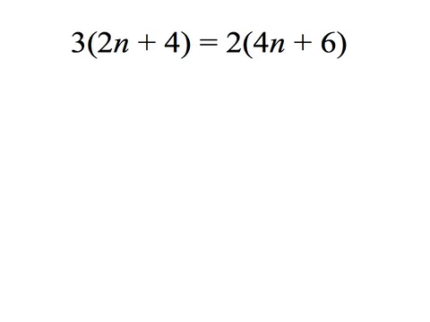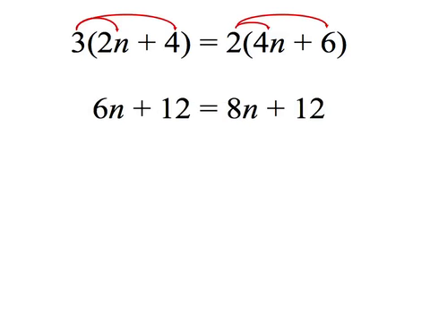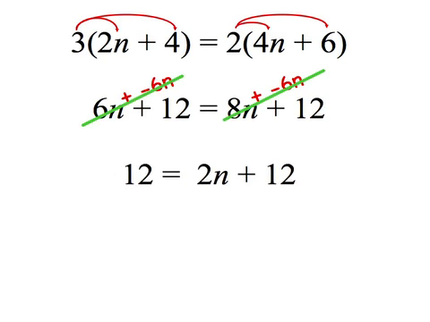Here's one more example. We apply the distributive property again, and we get that 6n plus 12 is equal to 8n plus 12. Now we're going to add negative 6n to both sides, and we get that 12 is equal to 2n plus 12. So the variable term did not go away. But then when we add negative 12 to both sides, it's the numerical term that goes away.